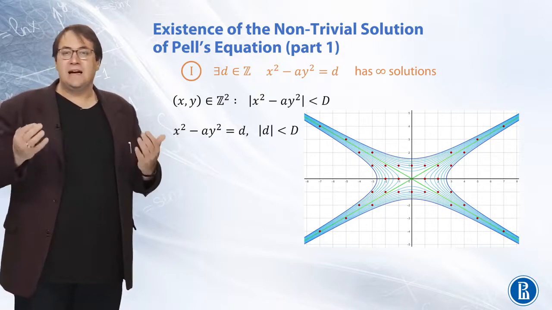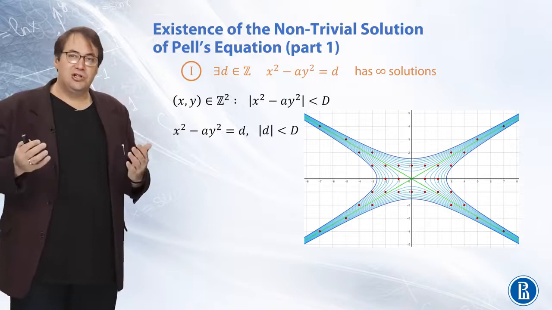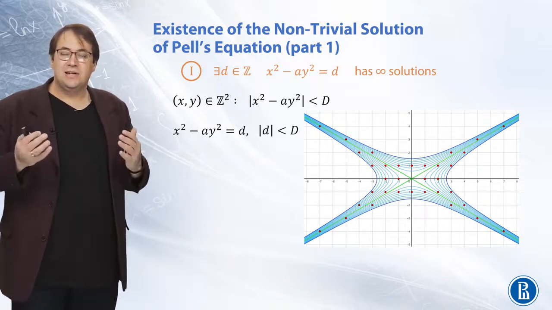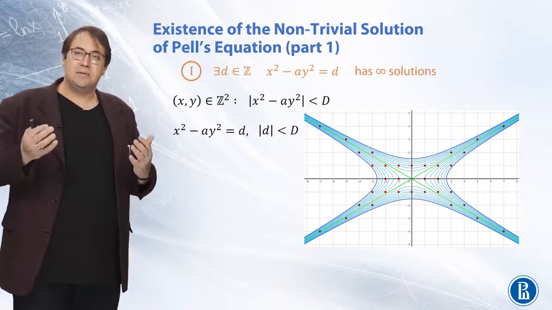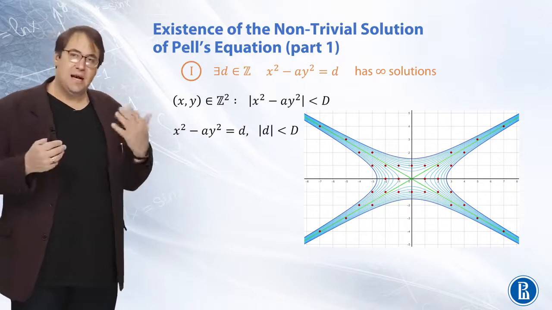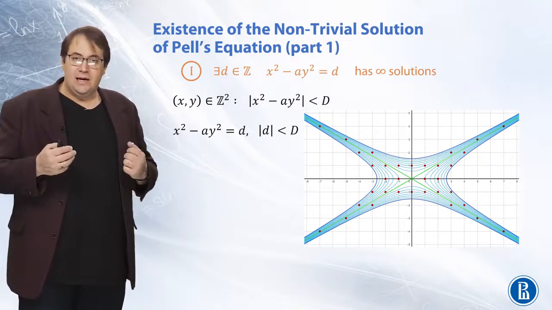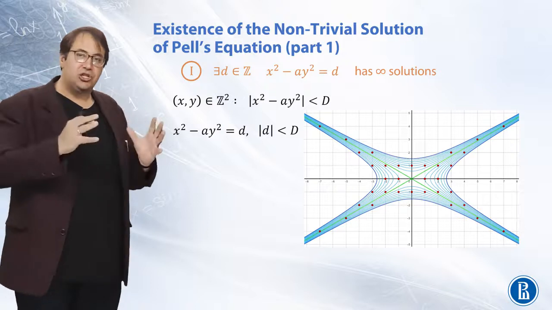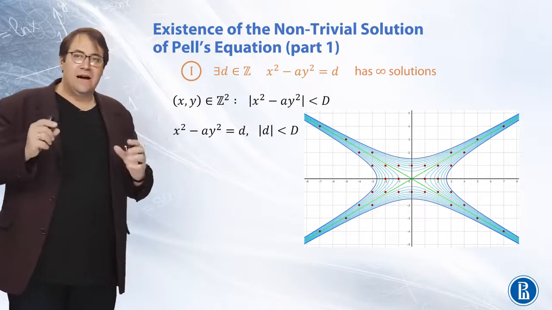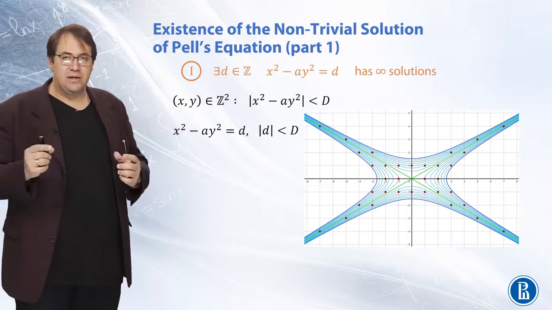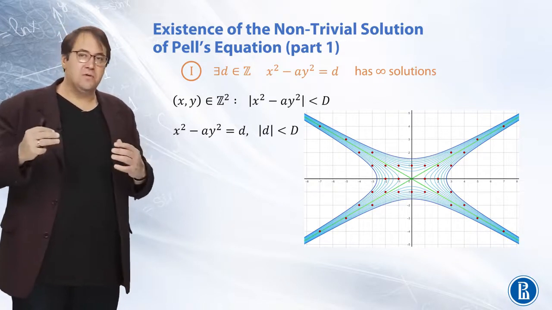So there is a finite number of integers d such that their absolute value is less than capital D. And all the points inside this region lie on a finite number of hyperbolas and satisfy a finite number of such equations.